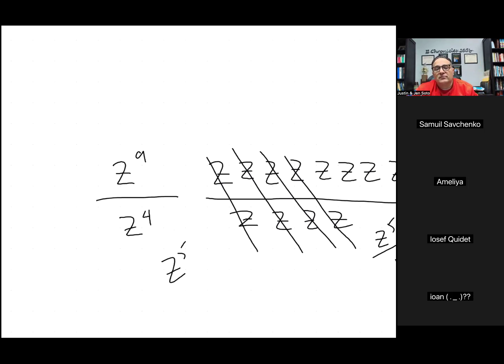But watch this. This z and this z are exactly the same. So meaning the bases are the same. When you see that, you just go 9 minus 4, numerator minus the denominator of exponents. 9 minus 4 is 5, z to the 5, a little bit easier.